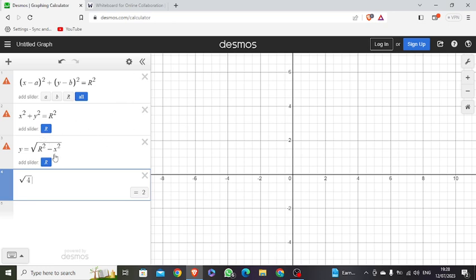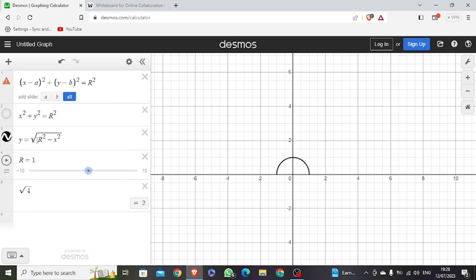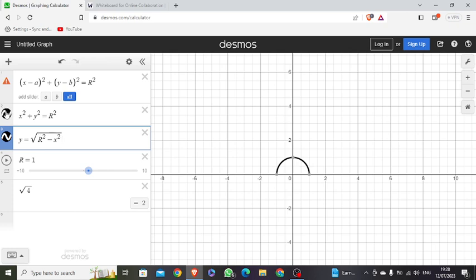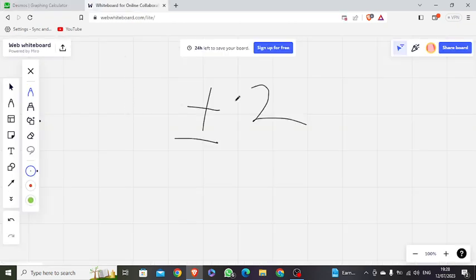Because if you rearrange it back to normal, then what happens is you get two values. So y equals plus or minus the square root, and that is how you get that.